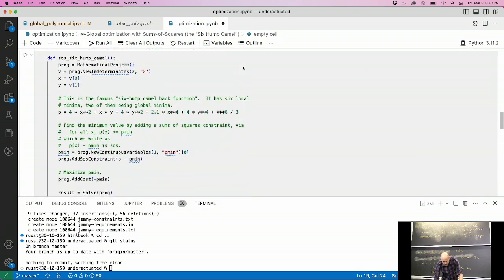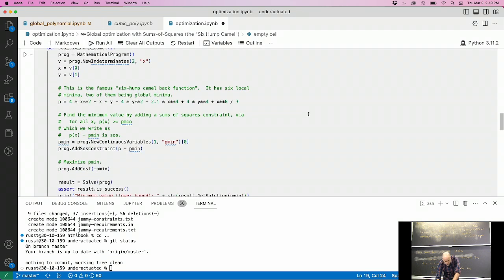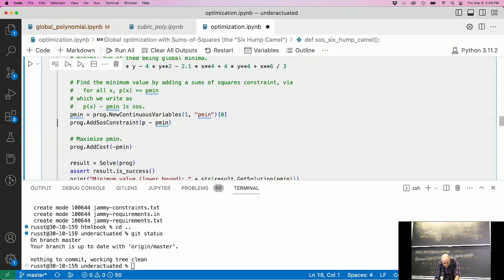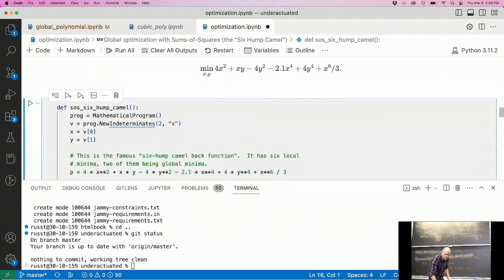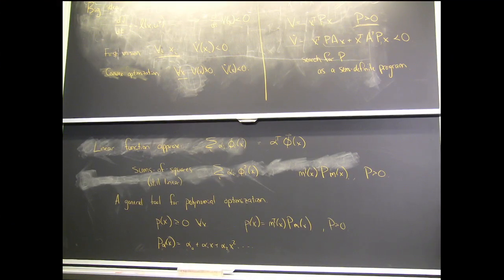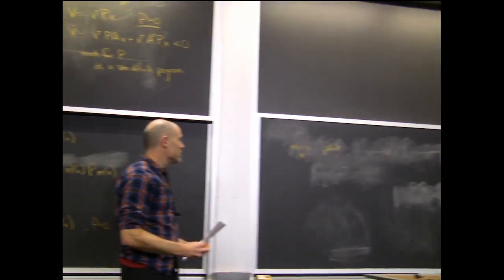So the recipe is I'm minimizing this polynomial function, which just happens to have interesting coefficients. If you want to say what's the minimum over x of p of x, and p of x is a polynomial, that's not quite what we have.